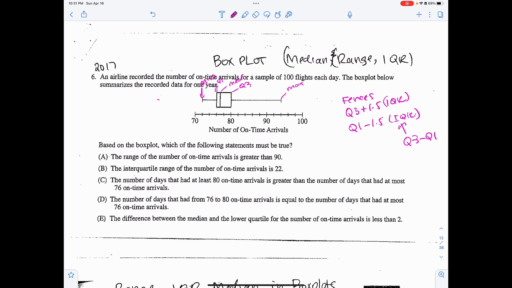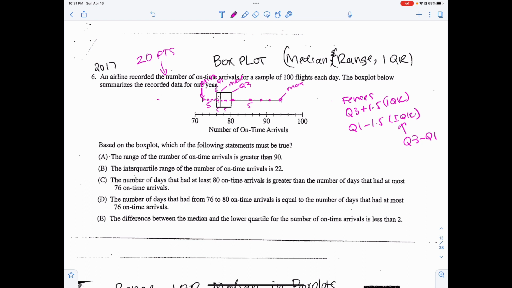Now, the biggest thing to remind yourself is that if there are, let's say, 20 points on here, then 5 of them are here, 5 of them are here, 5 of them are here, and 5 of them are here. Now these are obviously packed, stacked on top of each other. In fact, they're probably the same points. These here are spread out, and these are obviously much more spread out.